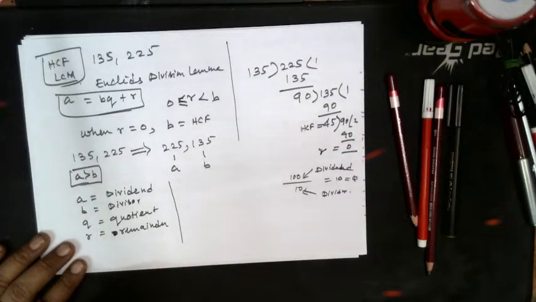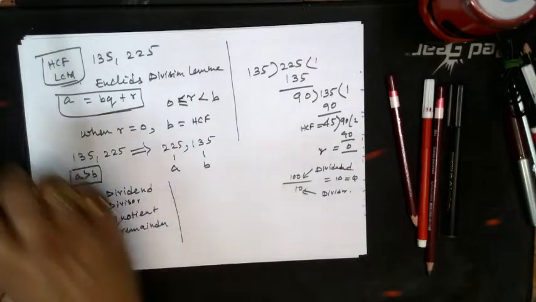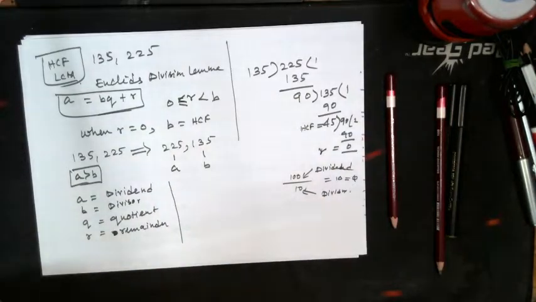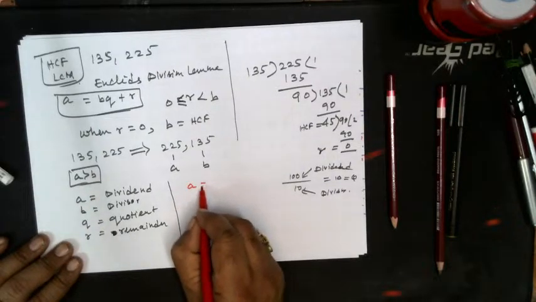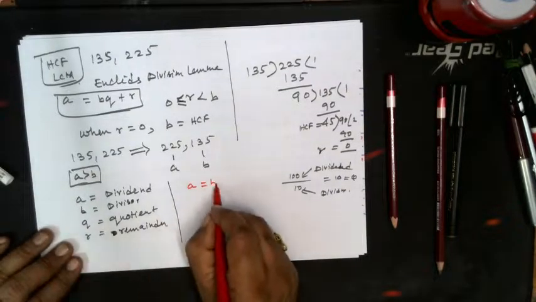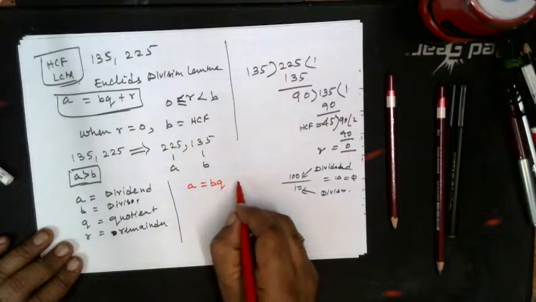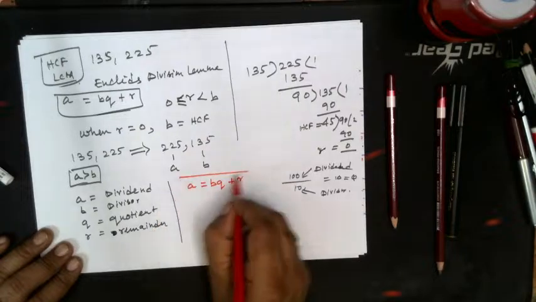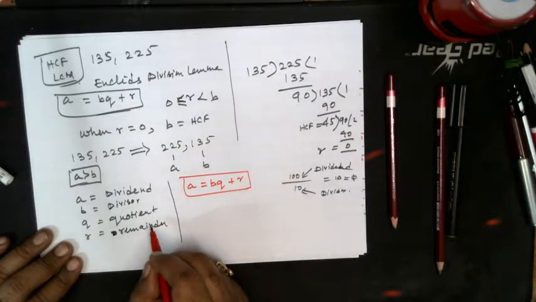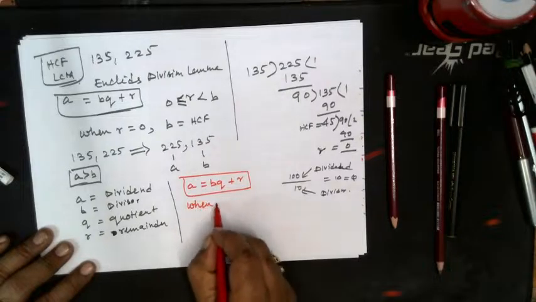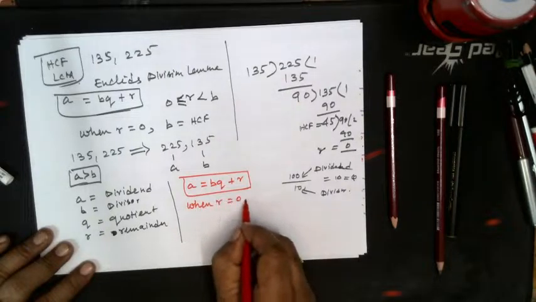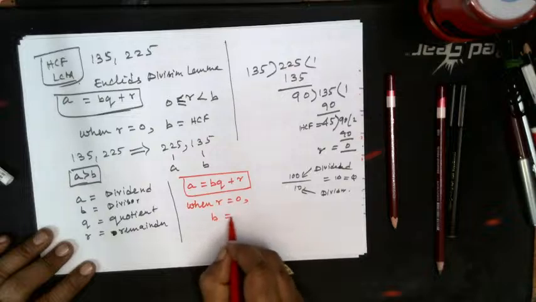Now listen to me. The logic here is, take down: A is equal to B into Q plus R. This is the Euclid's division lemma. Now listen carefully. When R is equal to 0, B is declared as HCF.